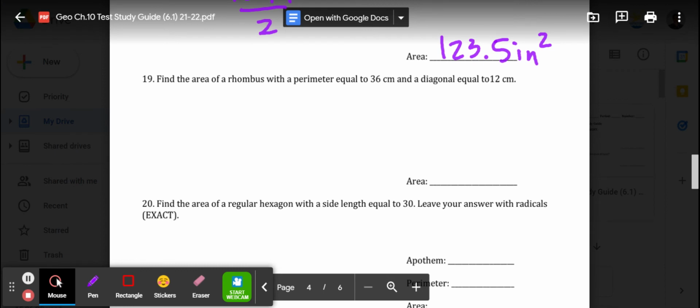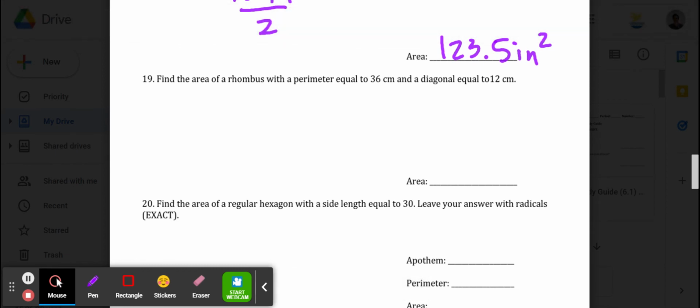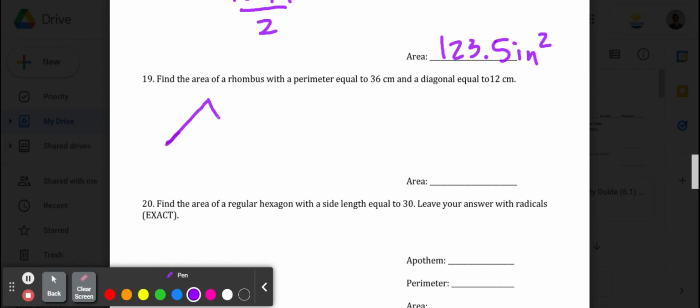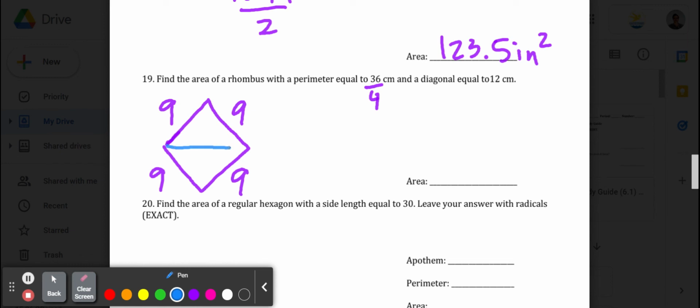The rhombus has a perimeter of 36 and one diagonal equal to 12. Okay. So let's remember that a rhombus's sides are all congruent. So if the perimeter is 36, we divide that by 4, and we're looking at side lengths of 9. And it has a diagonal that's equal to 12. Remember, the diagonals do bisect, so this is 6 and 6.